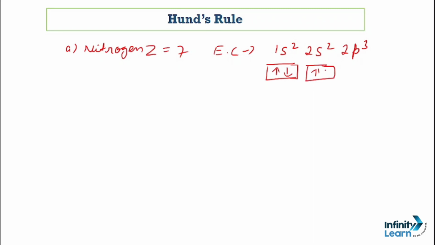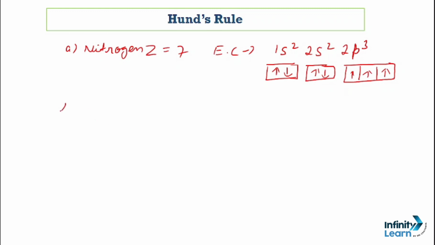The 2s will also have one orbital filled by 2 electrons, but the p subshell will have 3 orbitals and we have 3 electrons. So we can easily fill 3 different electrons in these 3 orbitals. So here Hund's rule tells us only this, that none of these orbitals will be left without filling. We have to fill at least one electron in each, even with the parallel spin.